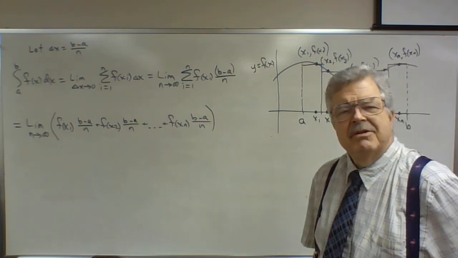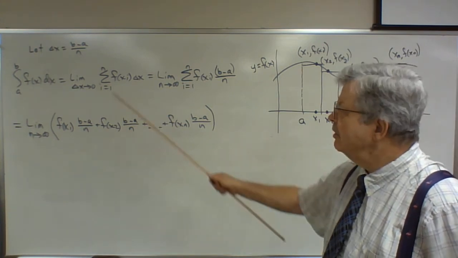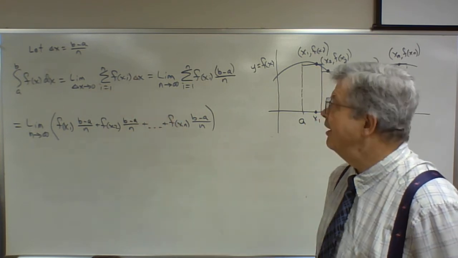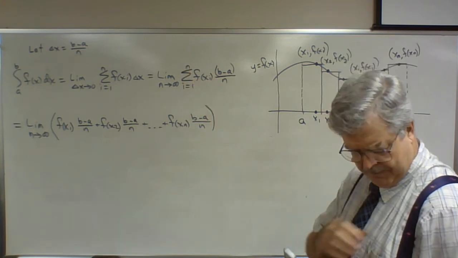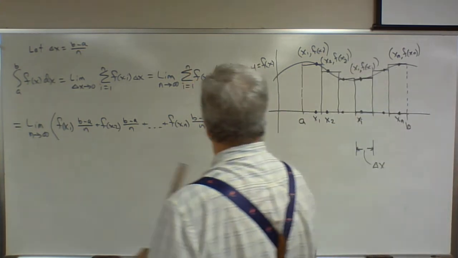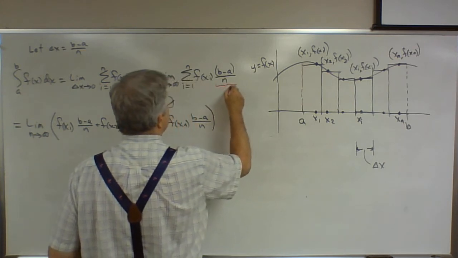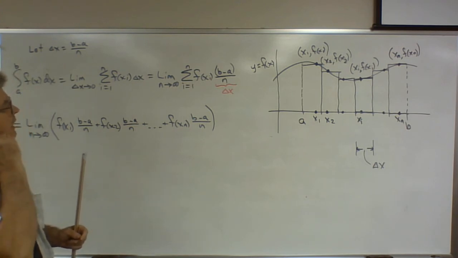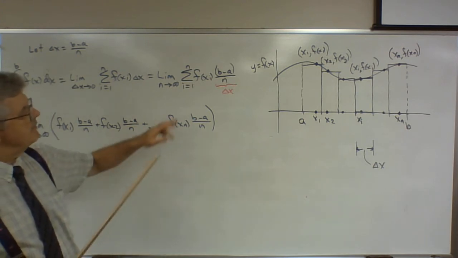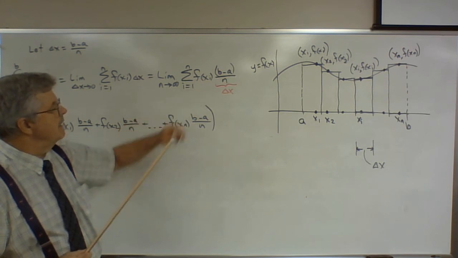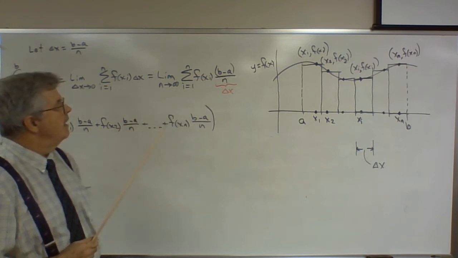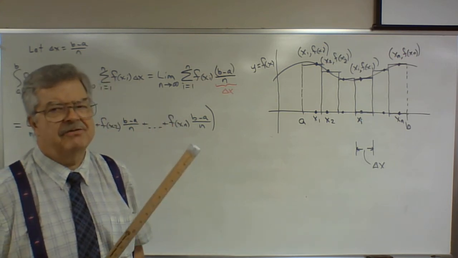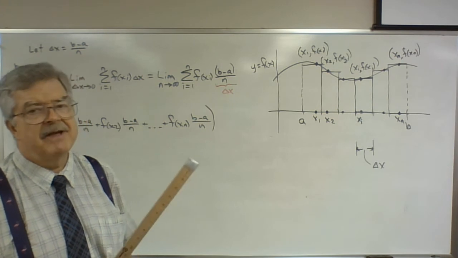So maybe what we need to do is rewrite everything totally in terms of delta x, or totally in terms of n. I'm going to opt for writing in terms of n. B minus a over n is our delta x. So now we have everything in terms of n. And there are some questions here that I haven't answered yet. I'm going to need to face up to them.